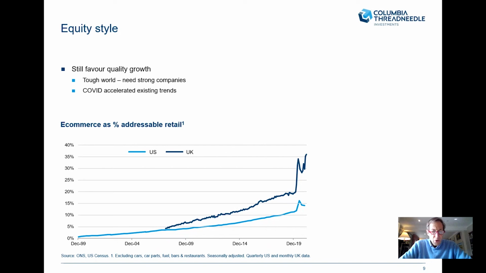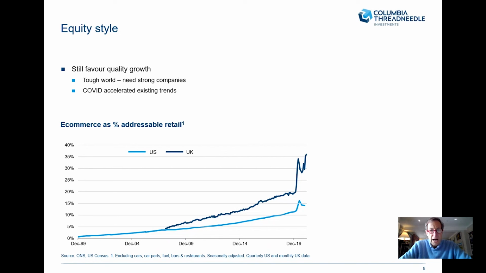The shift towards online everything, streaming, cashless payments, cloud computing, virtual meetings, etc. And that chart at the bottom shows the percentage of the addressable market, i.e. retail sales, that are now done by e-commerce.